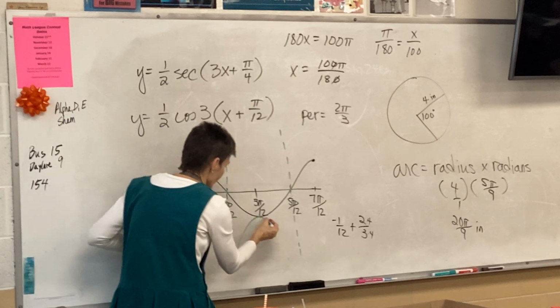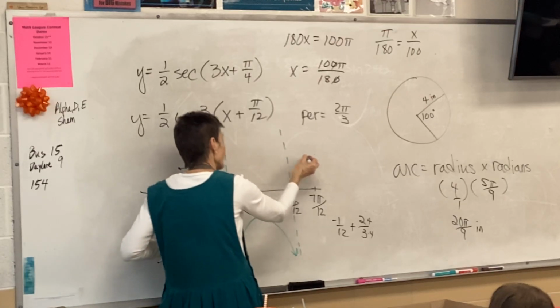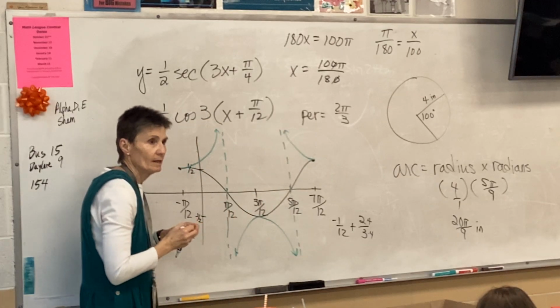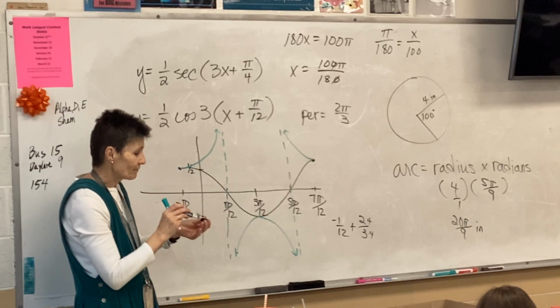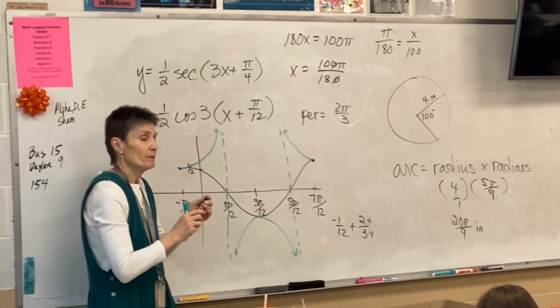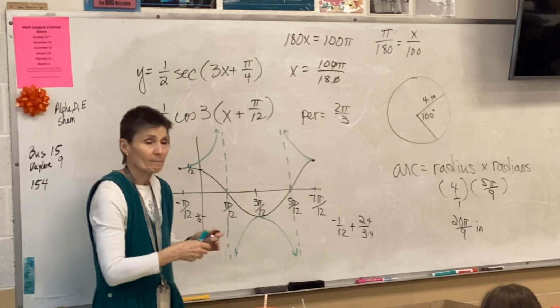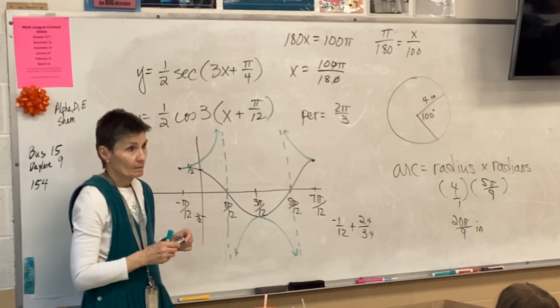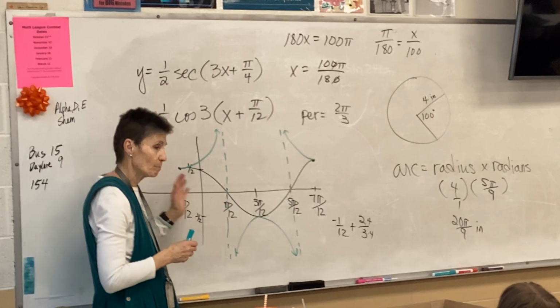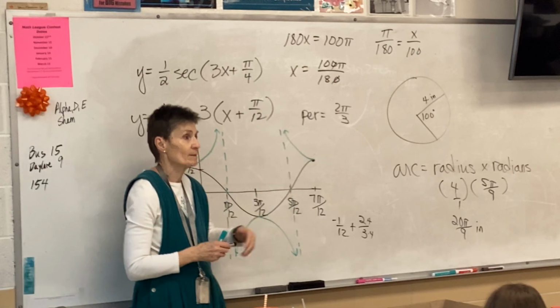This is a downwards. And this is the other half of the upwards. If you have to list period, amplitude, all that stuff, remember a secant will have no amplitude. But it will have everything else the same. So its period, frequency, all that stuff will be the same.